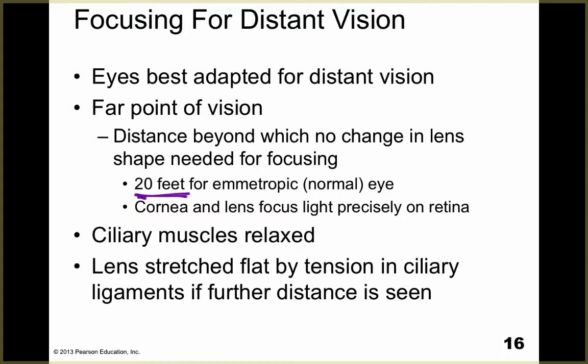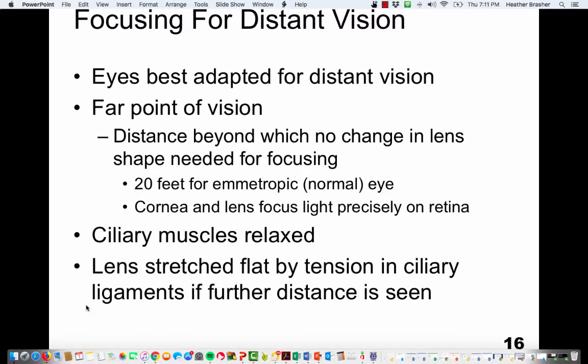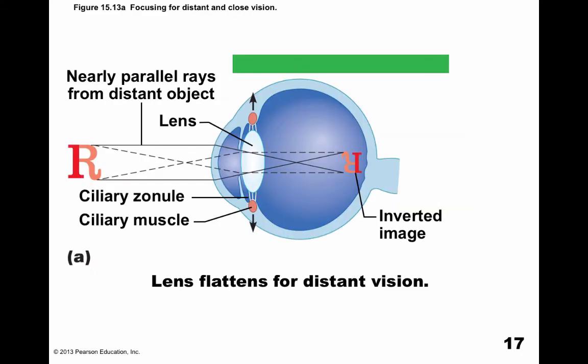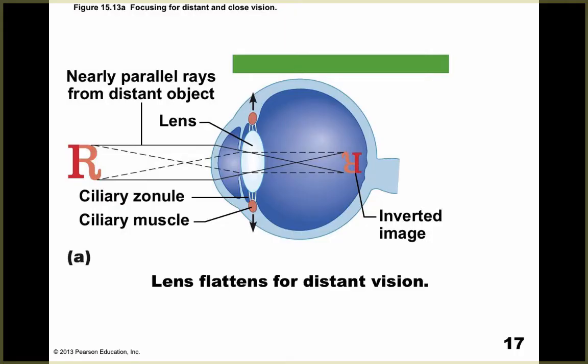Now, let's actually take a look at what this looks like. So here you have our nice R. That's what we're looking at. And this is far away, 20 meters or so. If you look here, you have the light entering. Of course, it refracts at the cornea, refracts again here and here, and then it goes to the back of the eye where the retina is.